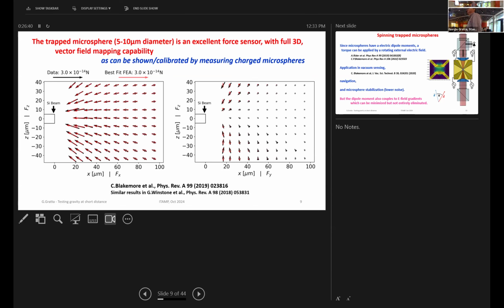It's hard to see here, but there are both red and black lines. The black lines or arrows are data, and the red ones are an FEA for the appropriate electrostatic configuration. And you see that there is actually very good agreement. Of course, you need to make more than one of those views, because this is a vector field described in 3 spatial dimensions. So there's lots of information here.